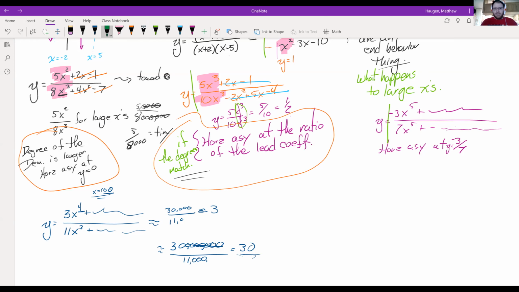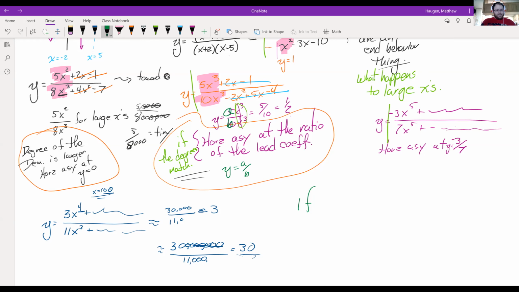So if it's 1/2, then our horizontal asymptote is at 1/2. It's just the ratio of those lead coefficients. Even if it's something crazy like 11 over 17, it's just going to be right there. If this is A and that's B, our horizontal asymptote is at y equals A over B, whatever they are.